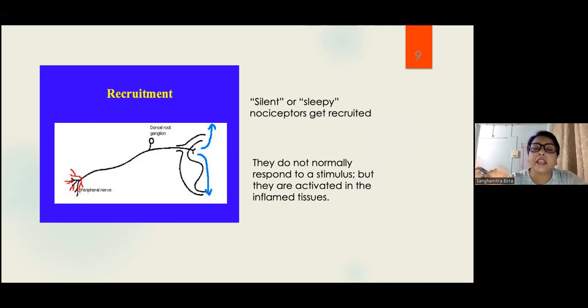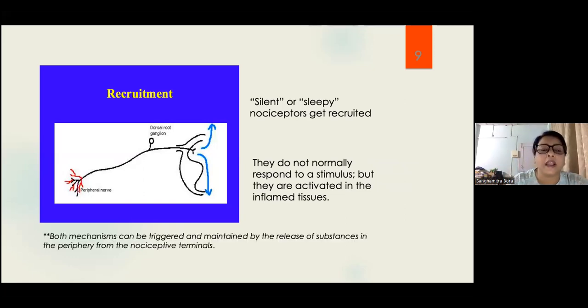Generally, these silent nociceptors do not normally respond to a stimulus, but they are activated in inflamed tissues. When there is an insult in one part of the body, there is a process of inflammation, and if the inflammation and the insult are not stopped, these silent or sleepy nociceptors get recruited and carry the impulse forward to the dorsal root ganglion.